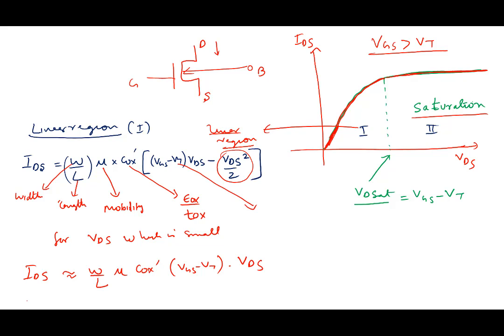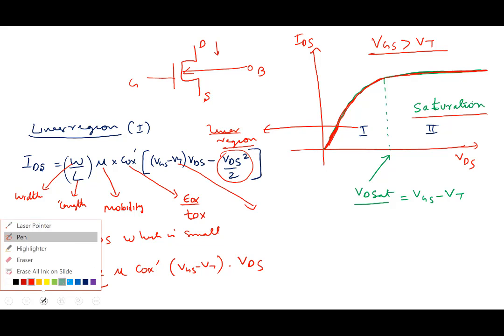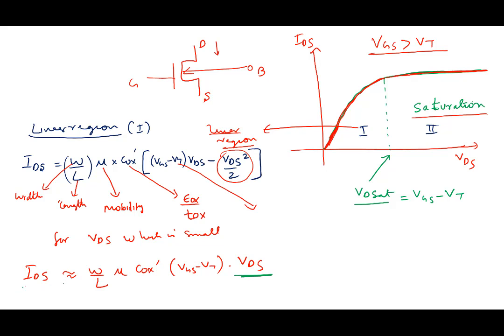That's why this region gets the name linear region. Note that it goes linearly with VDS for small VDS. So that's how the current goes in the linear mode of operation.